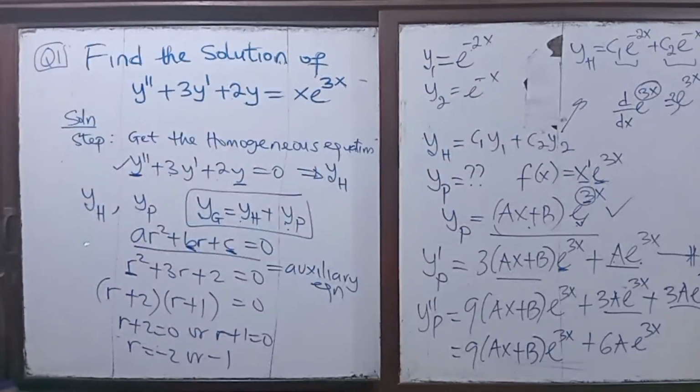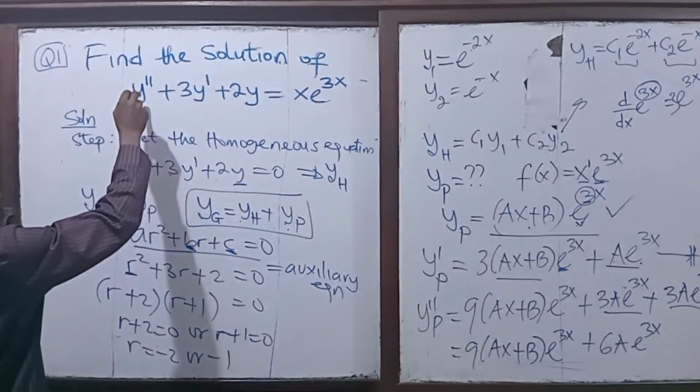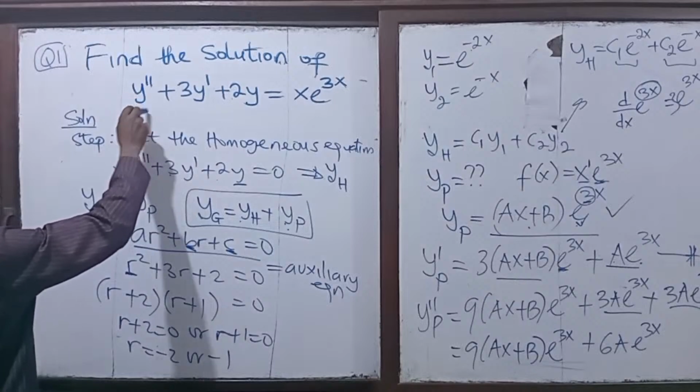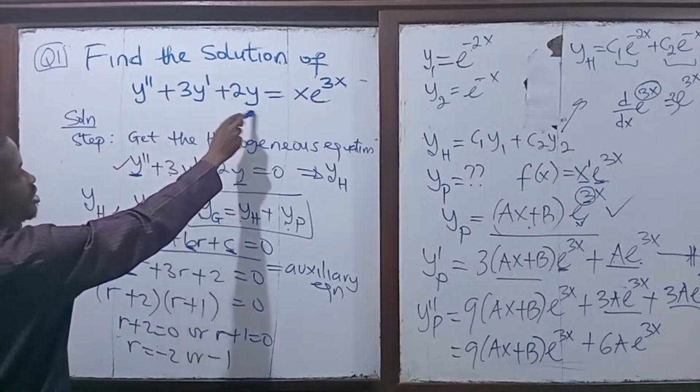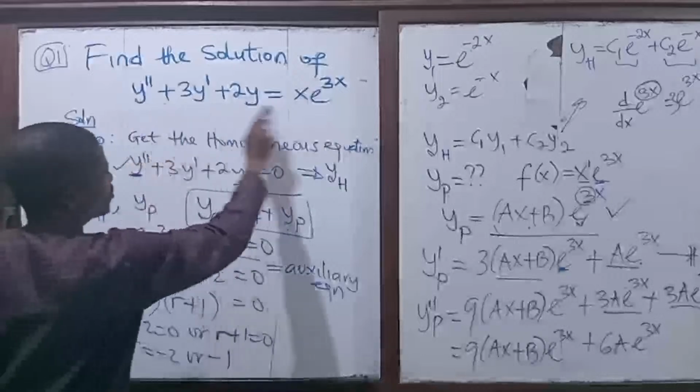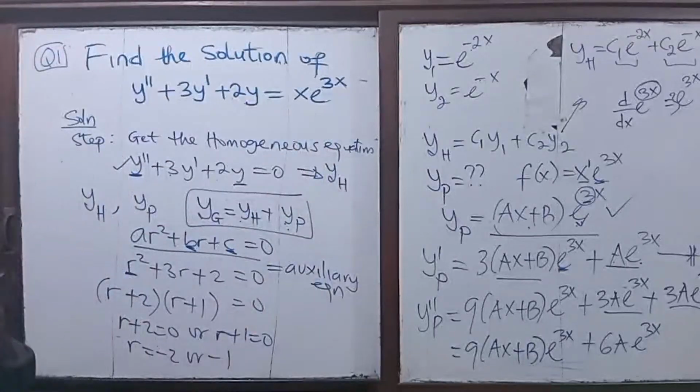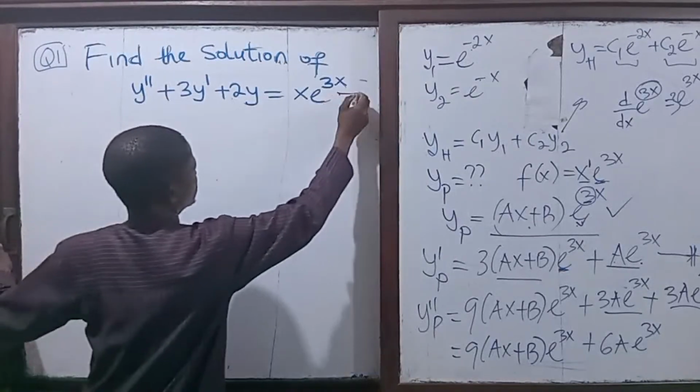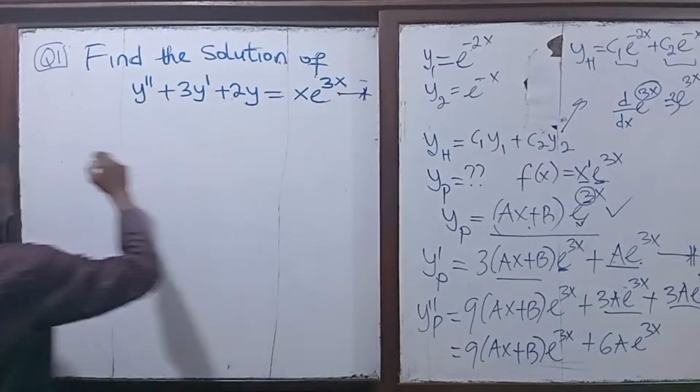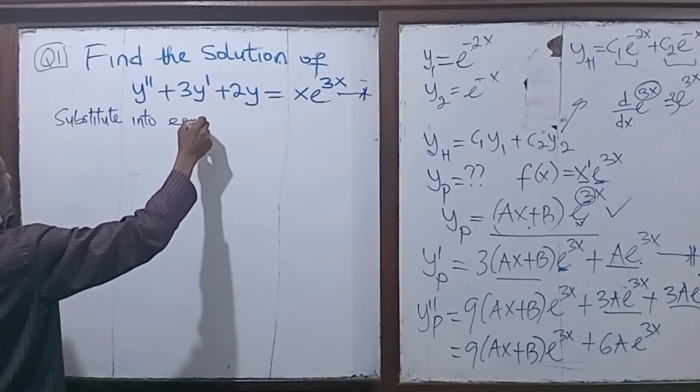If you begin to substitute your second differential and the first differential, the initial solution, substitute everything in place. Okay, so let's do that. Equation 1 or equation star, substitute into equation star.